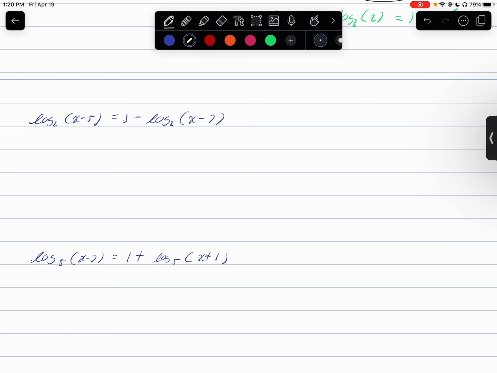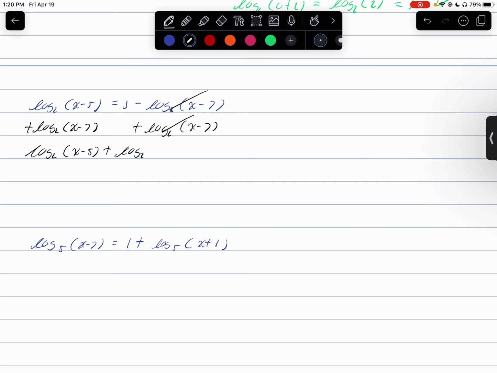Let's take log base 2 of x minus 7 and add this to both sides. So we're going to have log base 2 of x minus 5 plus log base 2 of x minus 7 is equal to 3.